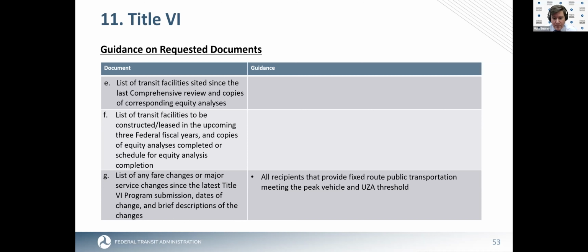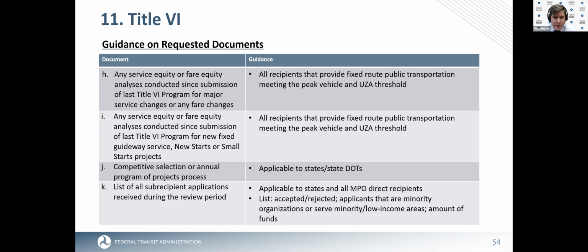Next up is item G. We're going to want to provide a list of any fare changes or major service changes since the last Title VI program submission. Include the dates of those changes, a brief description of the changes, and commensurate with that, you are going to want to provide service equity analyses or fare equity analyses for each of those major service changes or fare changes.